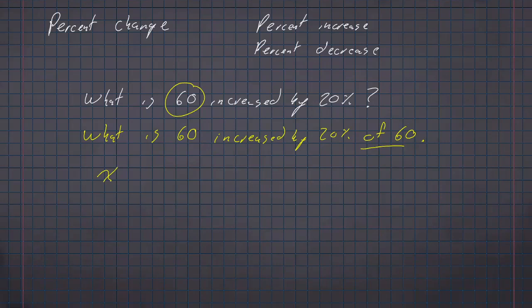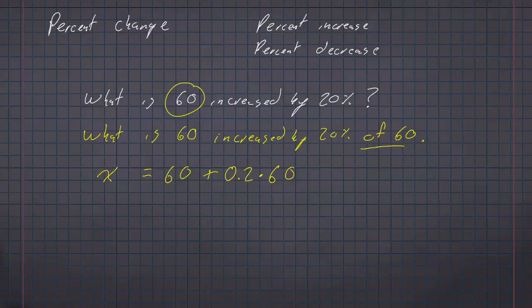From there, writing it as an equation. What? I don't know. I'll call it x is equal sign 60 increased by. That's a phrase that tells me we're going to add. 20% is 0.2, of is multiply, 60 is still 60.